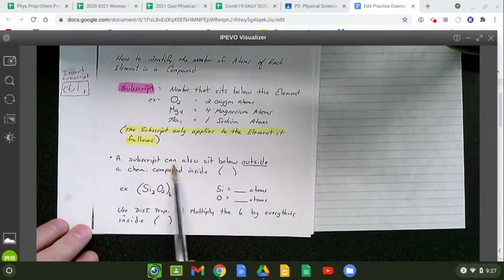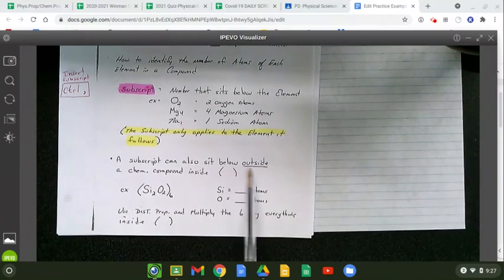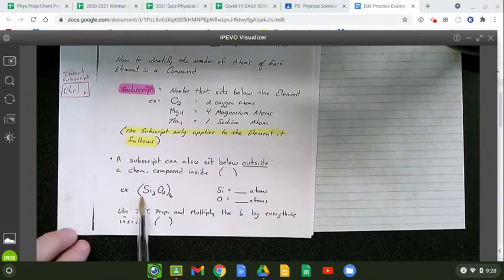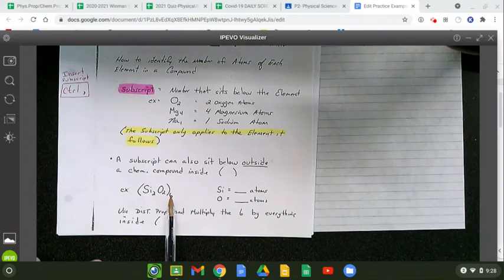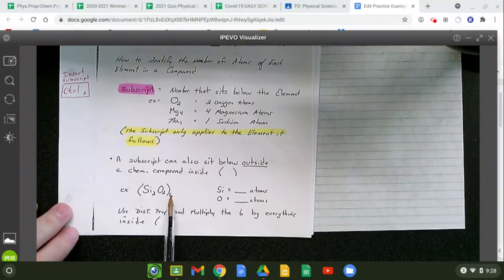And the subscript only applies to the element it follows. A subscript can also sit below and outside a chemical compound, outside parentheses. For example, here in parentheses we have the compound Si2O2 with a subscript outside. Whenever the subscript sits outside the compound, we have to think of it as a multiplier. We are multiplying this number that sits outside by everything inside.